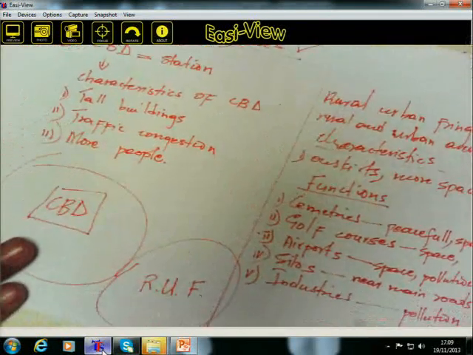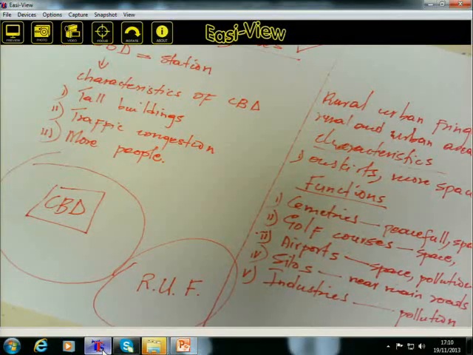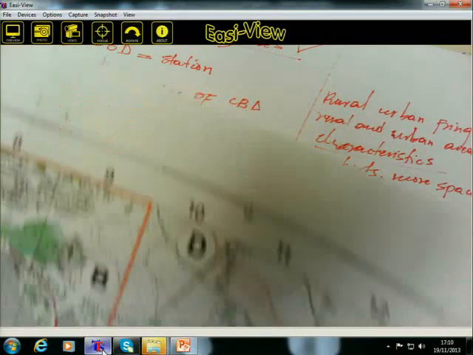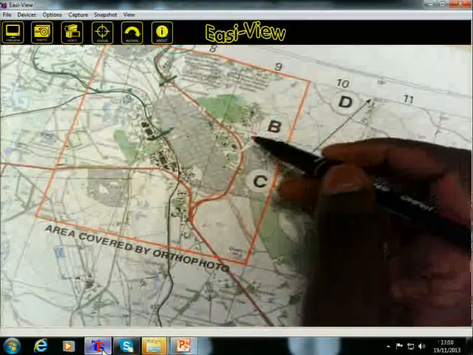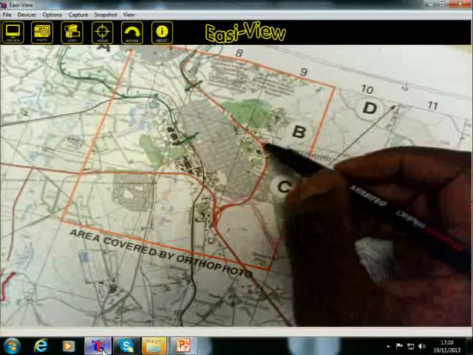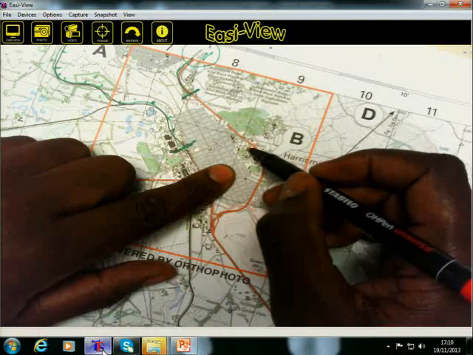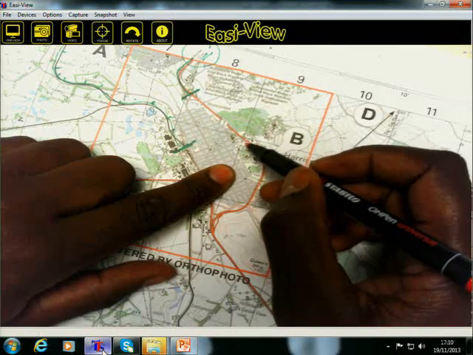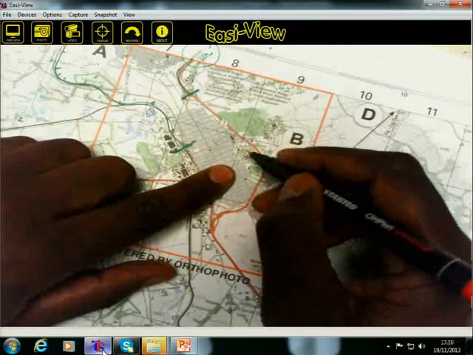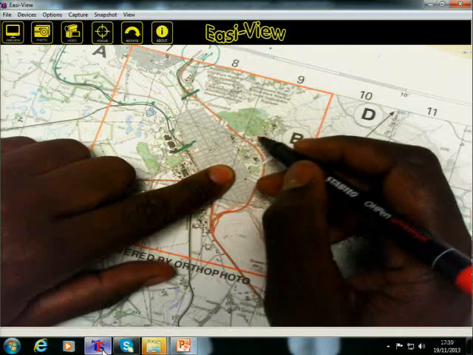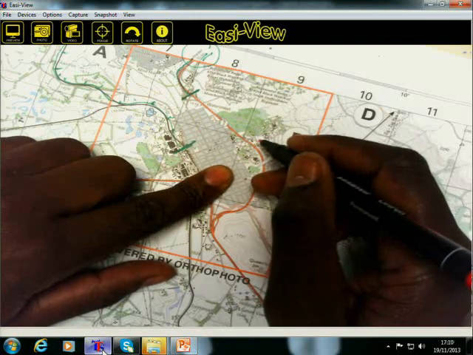Sometimes when you look at other maps, like Harry Smith, on the outskirts here, you've got crosses that show you those are cemeteries. You find them on the outskirts because they need space.